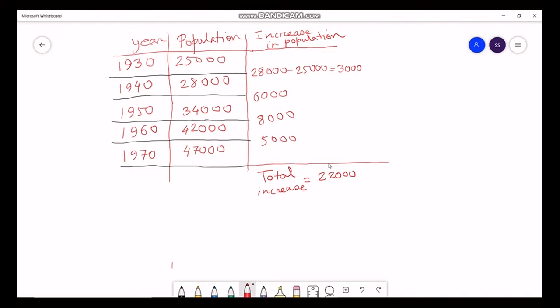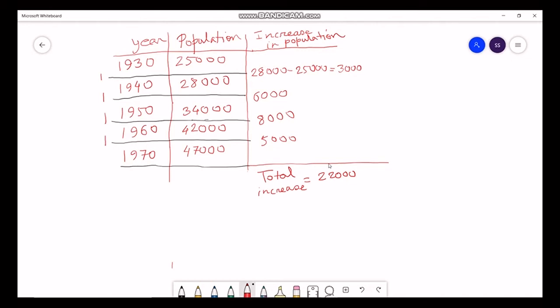That is the number of decades we can find from 1930 to 1940. There is 1 decade. In between 1940 and 1950, there is 1 decade, and in between 1950 and 1960, there is another 1 decade, and in between 1960 and 1970, this is another 1 decade.